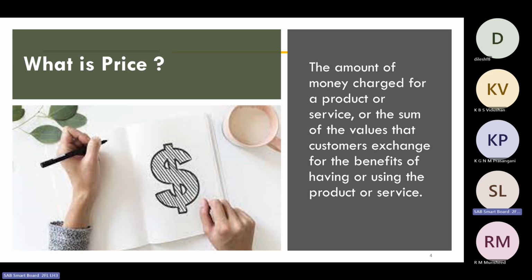Let's say the price of a product, that is the MRP or something. But for different products or services, we might be paying different forms of prices. Let's say for houses we have rented, we might be paying rent. For tuitions, we might be paying a fee.